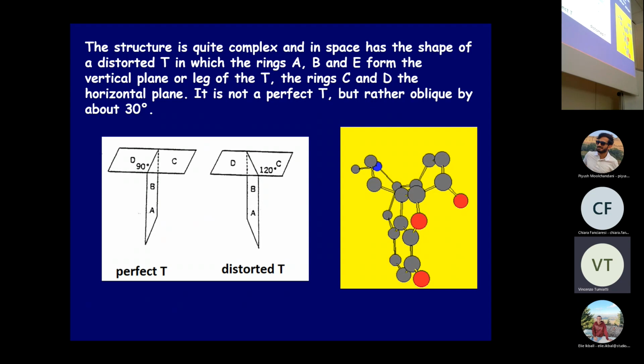This is a perfect T, but we have a distortion. And so morphine is known as a distorted T, deformed T, of about 30 degrees.